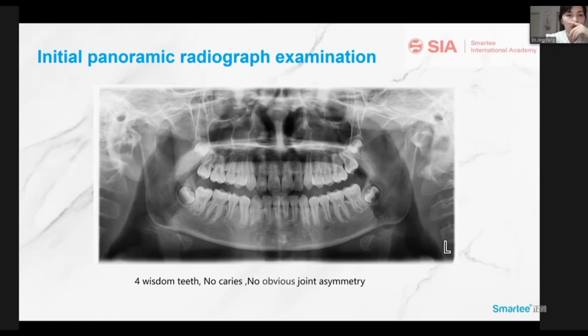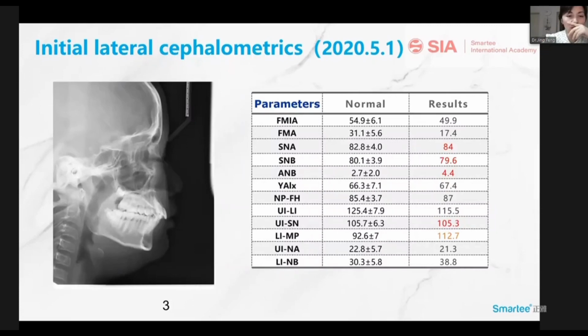And from the ceph, still the lower jaw is positioned backwards, with deep curve of Spee, deep overbite, deep overjet.